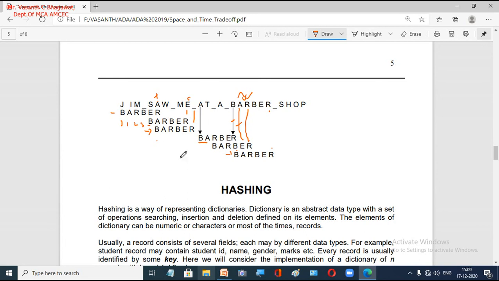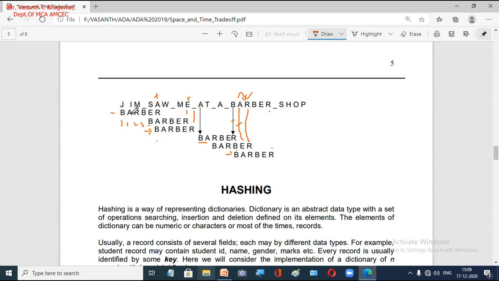Right, here we are doing some input enhancement, that is our shift table. See, it is very obvious. If you look at the brute force method, you kept the pattern here, and you are comparing from the left side. J and B is not matching, move the pattern. I and A not matching, move the pattern. M and B not matching, again move it. Now it comes here. Underscore and B not matching. Like this you are just moving each time, right, until you get here.